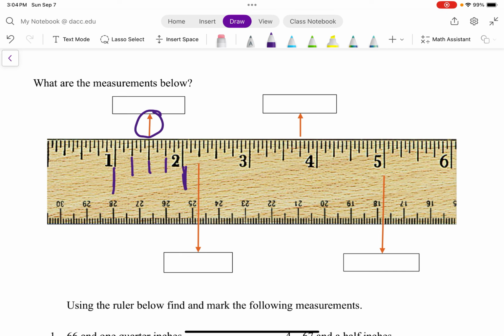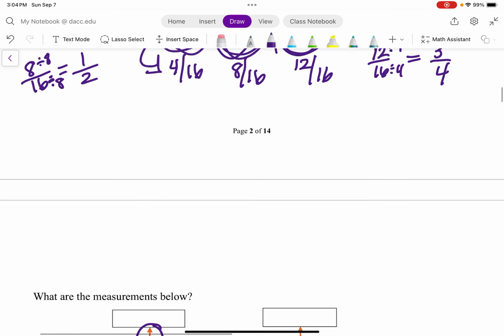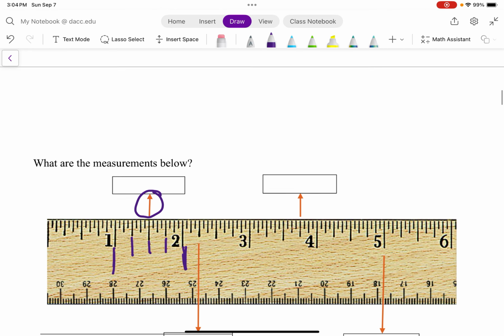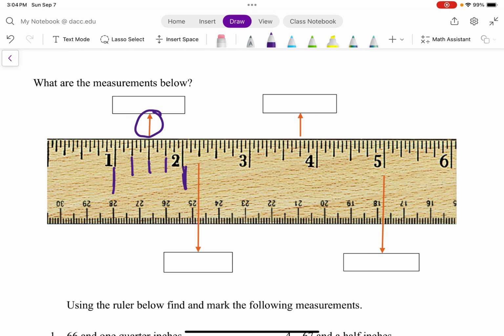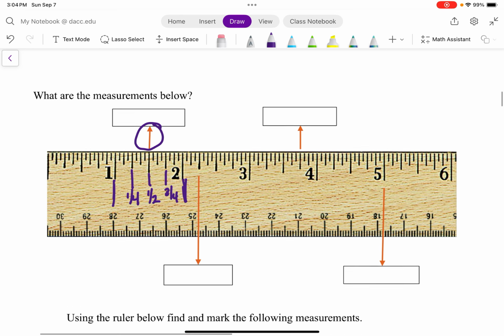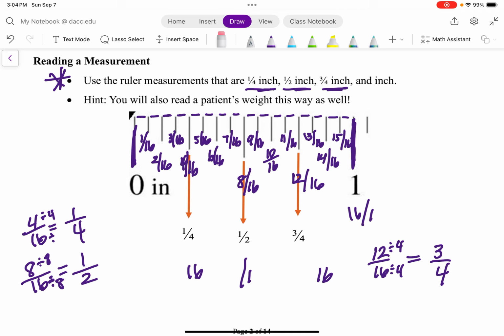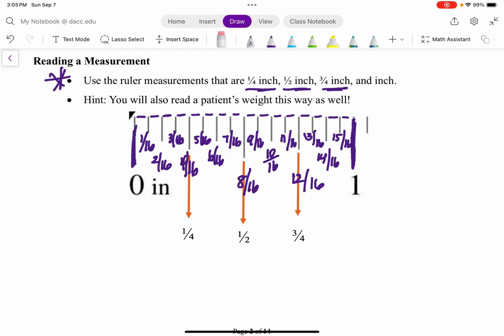What's the first line? And if you forget, go back up here. The first line is a quarter. So we're going to come back here. And so that's going to be a quarter. The next one is what? 1/2. The next one is 3/4. So always remember up here, I'm still going to delete all this stuff here. Okay, make it nice and clear.